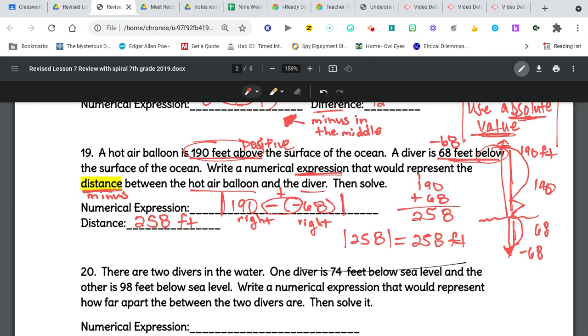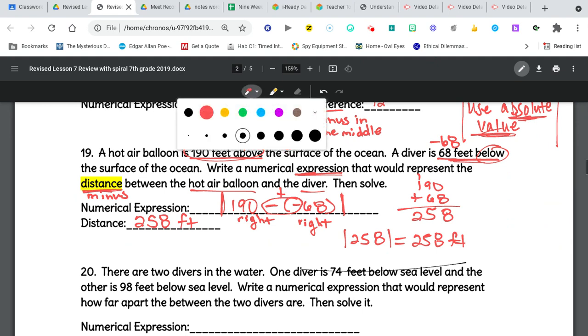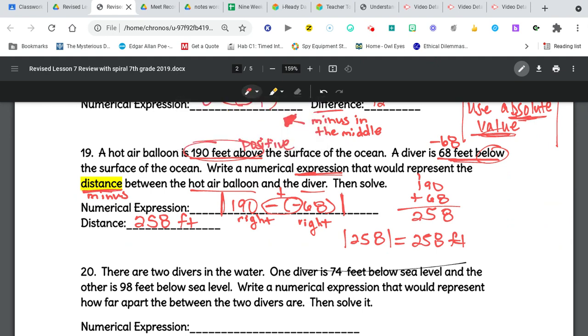Now, someone is going to say, well, did I have to put 190 first? I don't care which number you put first as long as you use absolute value, okay? If it's talking about the distance between two things, just use absolute value for me. So I could have started off with the -68, put your minus sign, and the other number was positive 190.